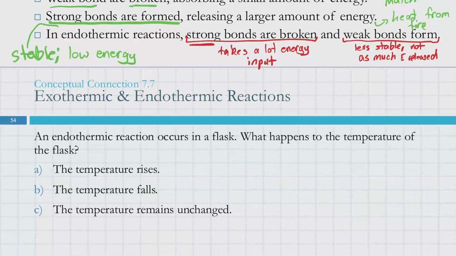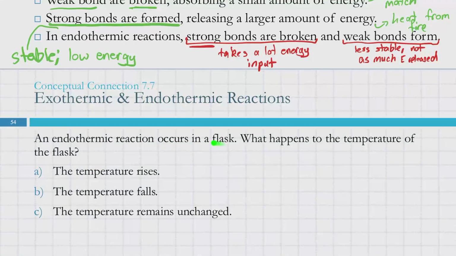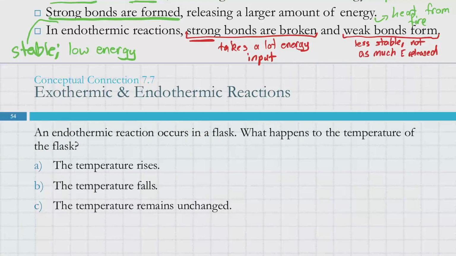So let's say that an endothermic reaction occurs in a flask. What happens to the temperature of the flask? Does the temperature rise? Does the temperature fall? Does the temperature stay the same? What's the energy exchange for the endothermic reaction?